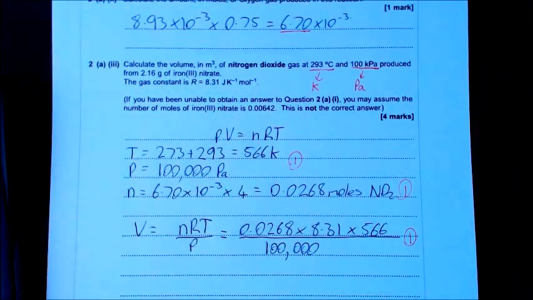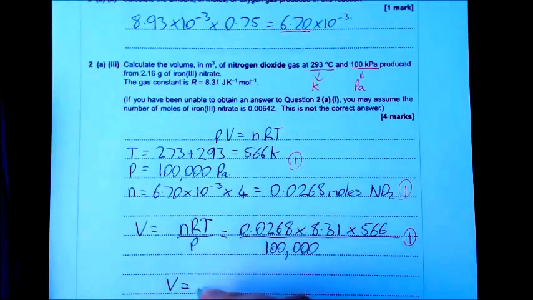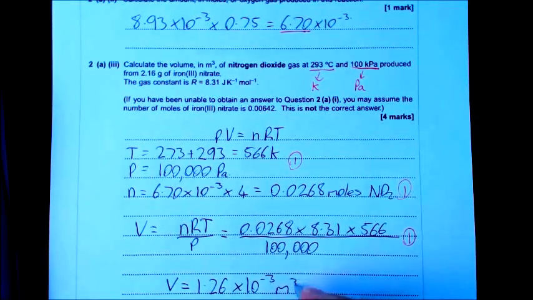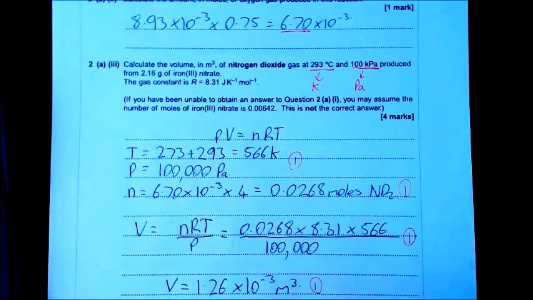So I'm going to put our answer on there. So volume, or V, will equal 1.26 times 10 to the minus 3 meters cubed. And that's obviously your final mark. So you get 4 marks for that.